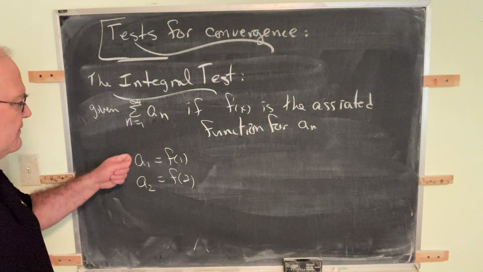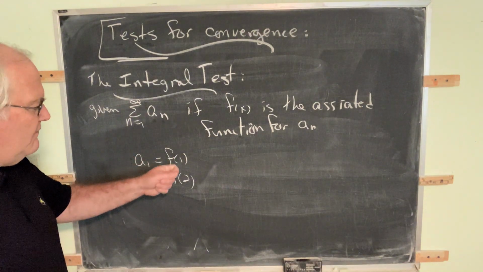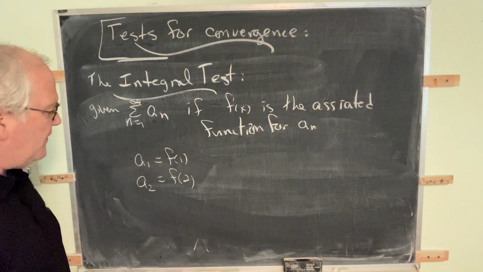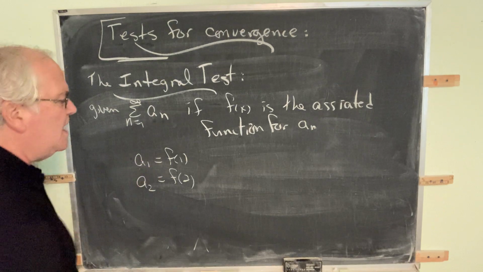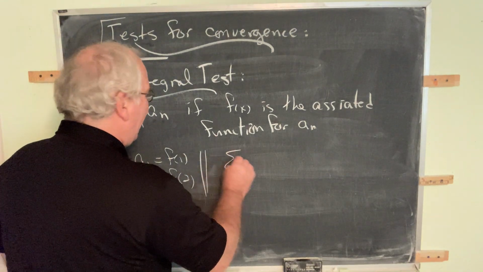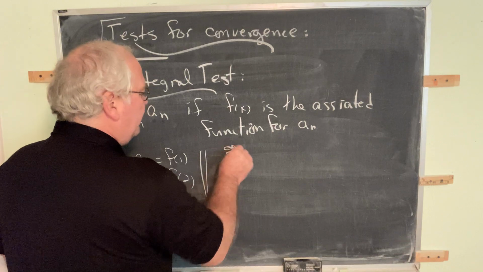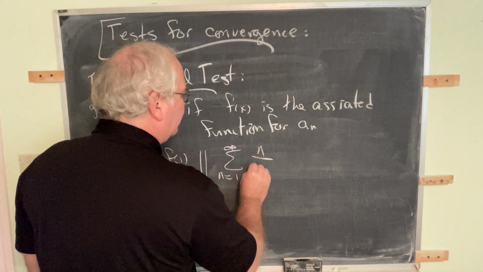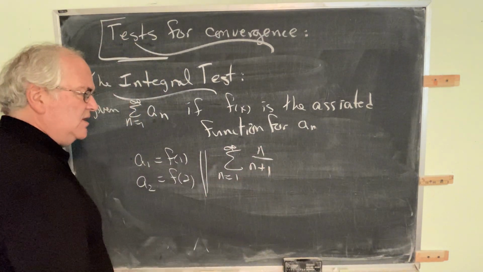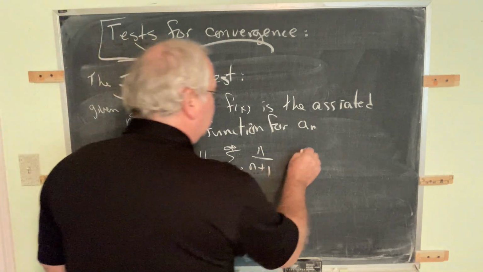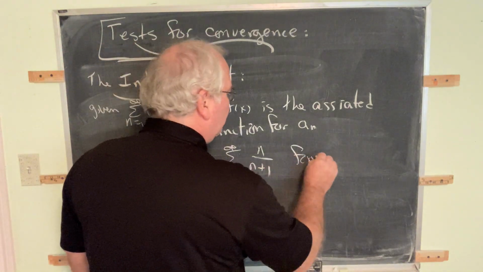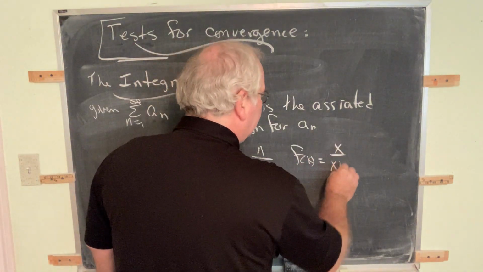And so the terms of the series are actually values in the range of the function for those specific numbers. So if we had the sum from n equals 1 to infinity, very often we could have something like n over n plus 1 as a standard example. This is a series. The associated function for that would be x over x plus 1.